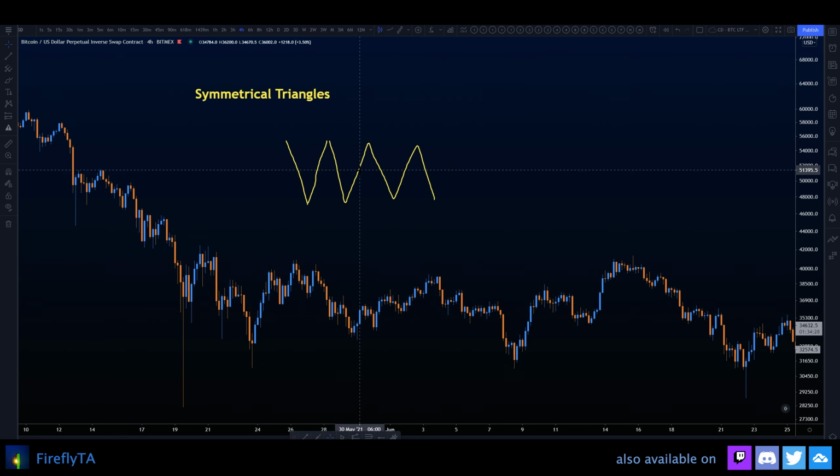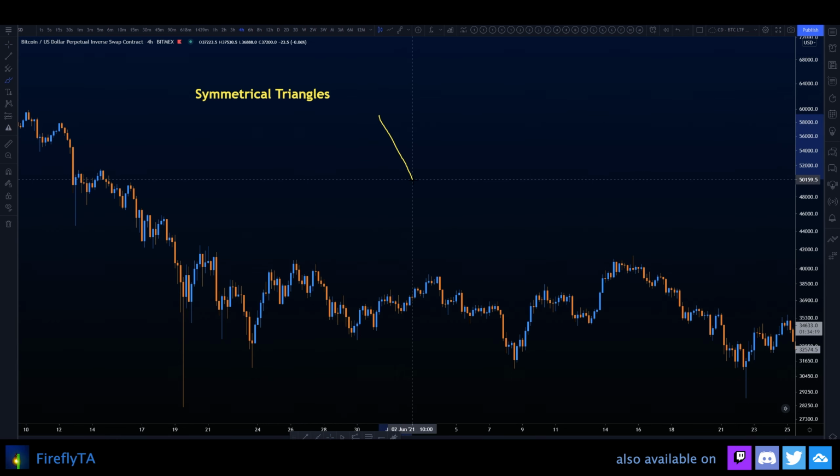Now, if we come back to the symmetrical triangle, we have a down move. So now in theory, based on balance, we would expect a move to the upside.